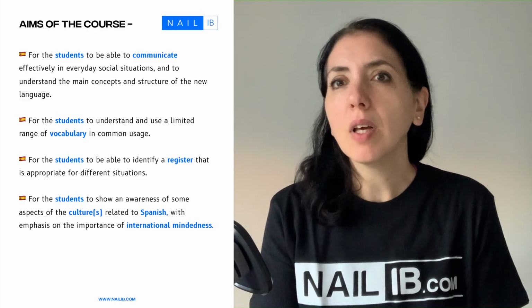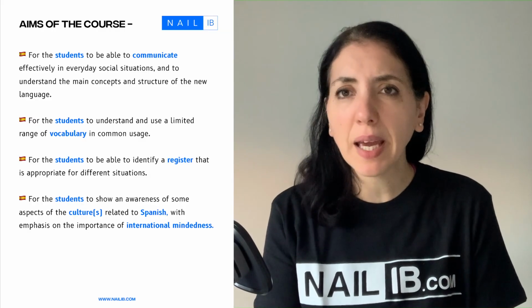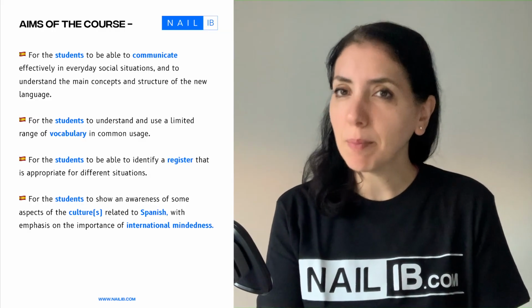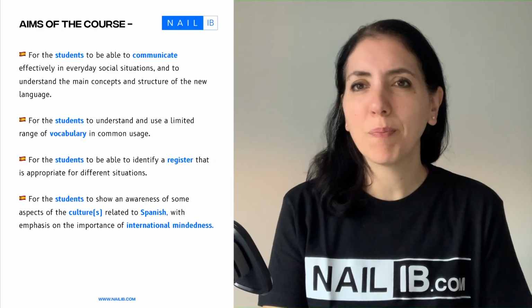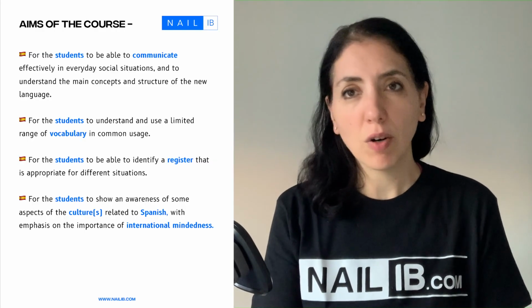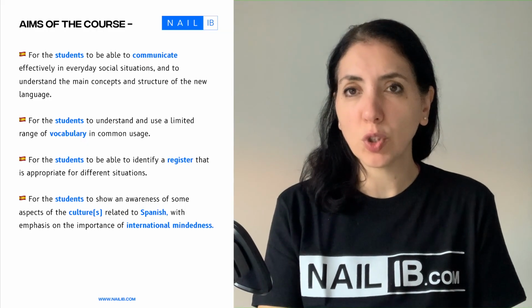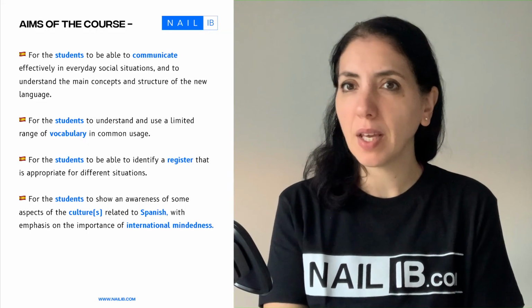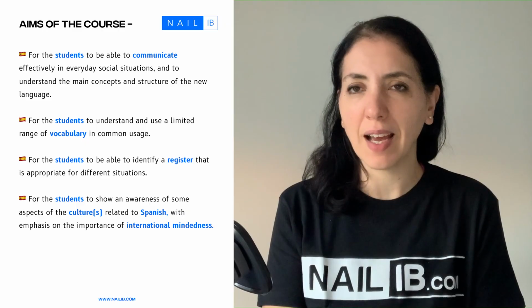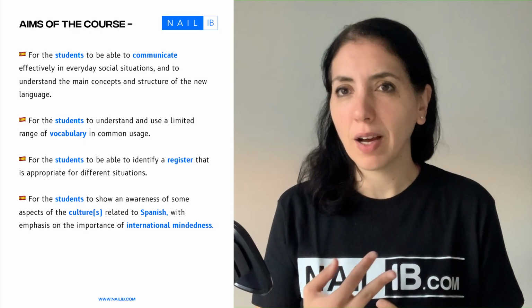For example, in Spain, or in some places of Spain, or in some places of Colombia, or in some places of Chile, the way, for example, in which we address older people is completely different from the way that we address older people in Uruguay or Argentina.